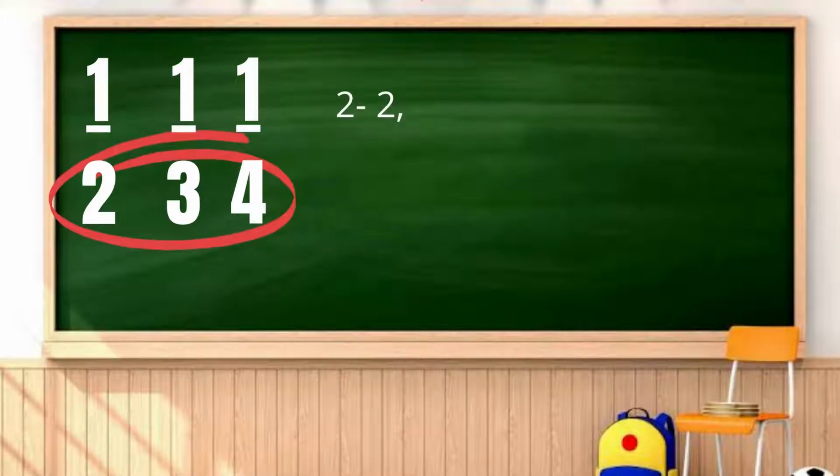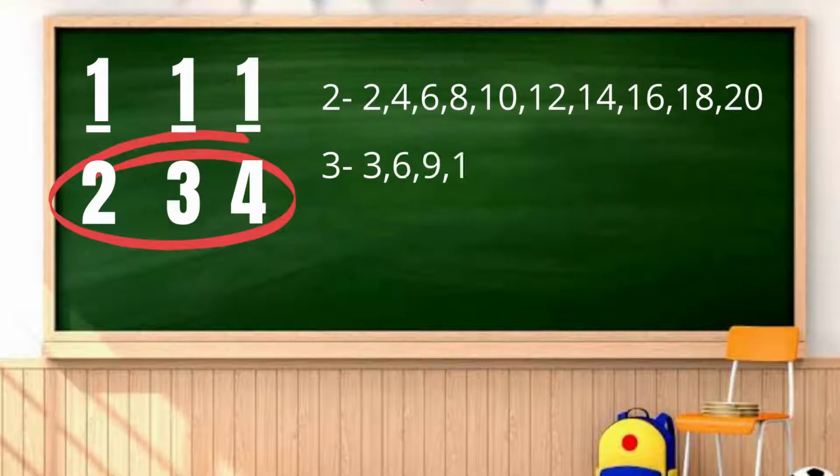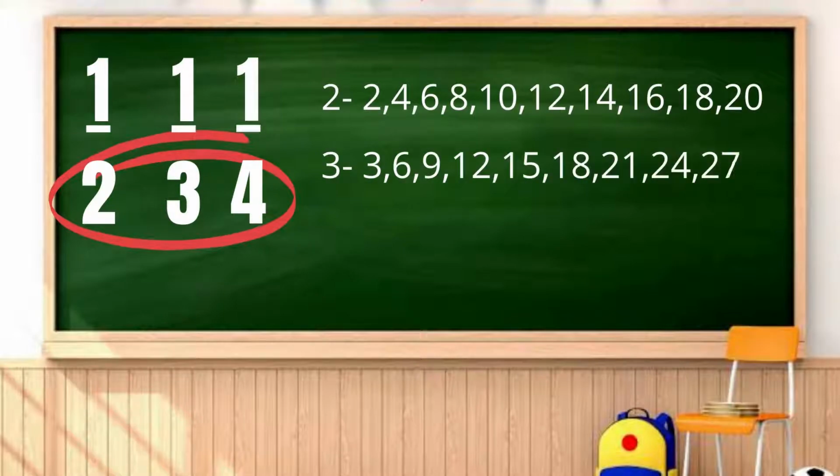The multiples of 2 are 2, 4, 6, 8, 10, 12, 14, 16, 18, 20. The multiples of 3 are 3, 6, 9, 12, 15, 18, 21, 24, 27, 30.